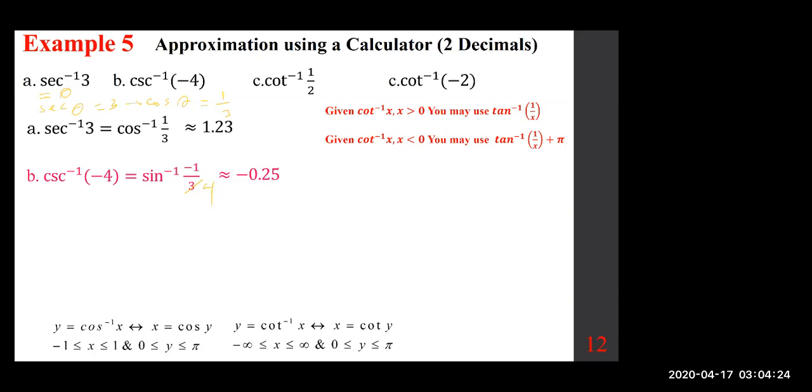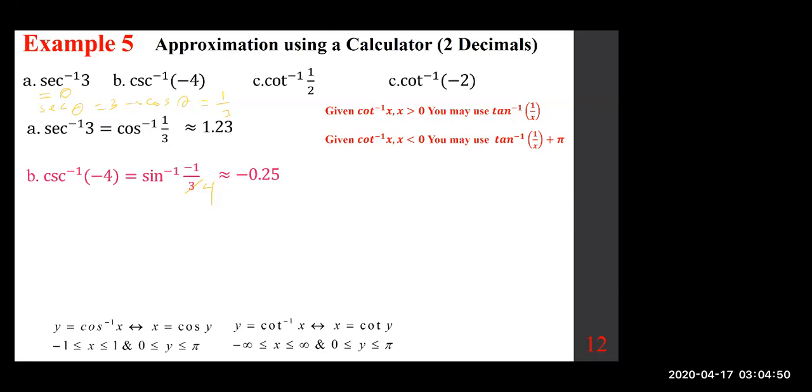Cotangent inverse of 1/2. We don't have a key for that. There are 2 ways to do that. Because cotangent goes with cosine, you really have to figure out the cosine, class. That's the best course of action. I'm going to discuss the tangent in a moment.